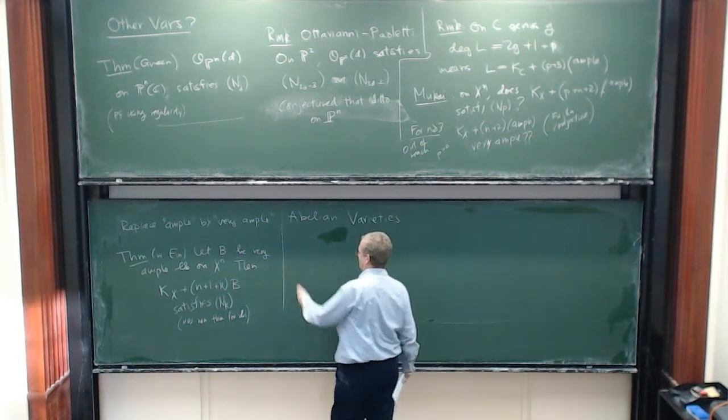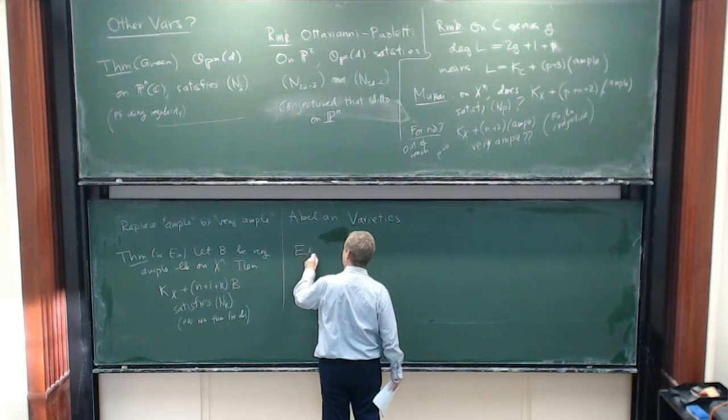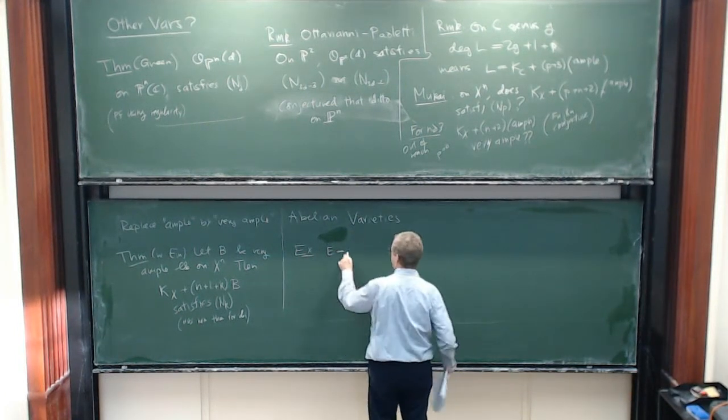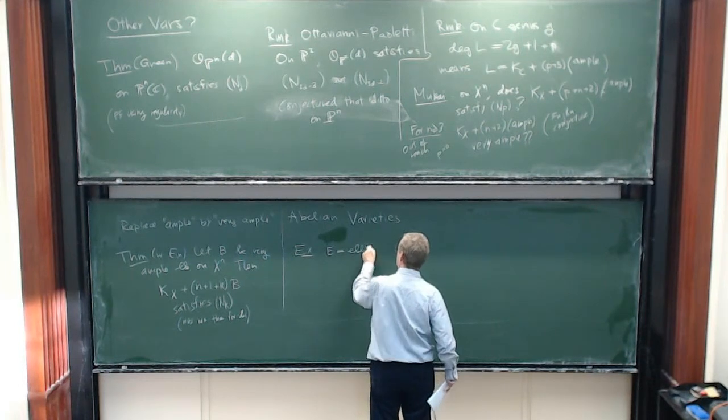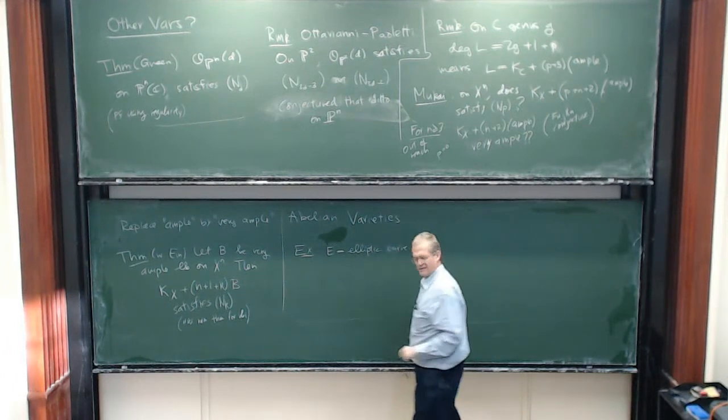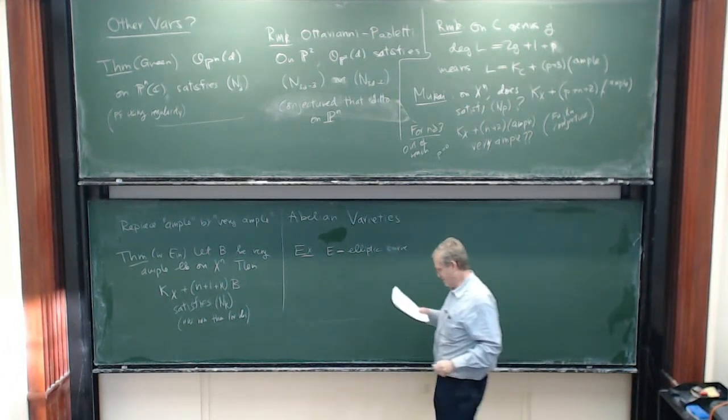So let's go back to the case of an elliptic curve. So let E be an elliptic curve. Okay, so that's, of course, genus 1. So what does Green's theorem say?